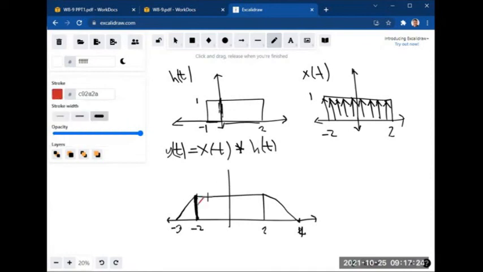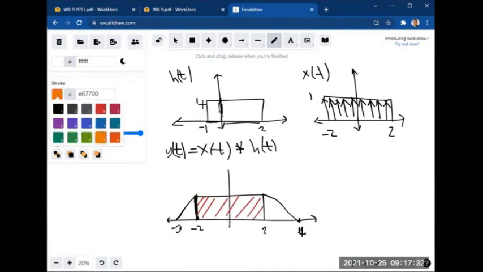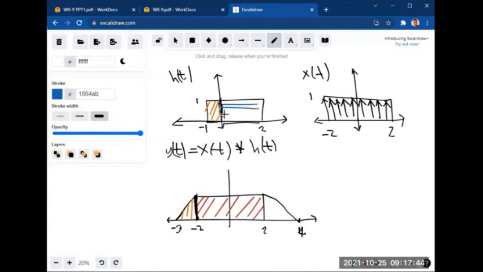So again, this is the input signal. Then this is the left side of our impulse response. This is the right side of our impulse response.